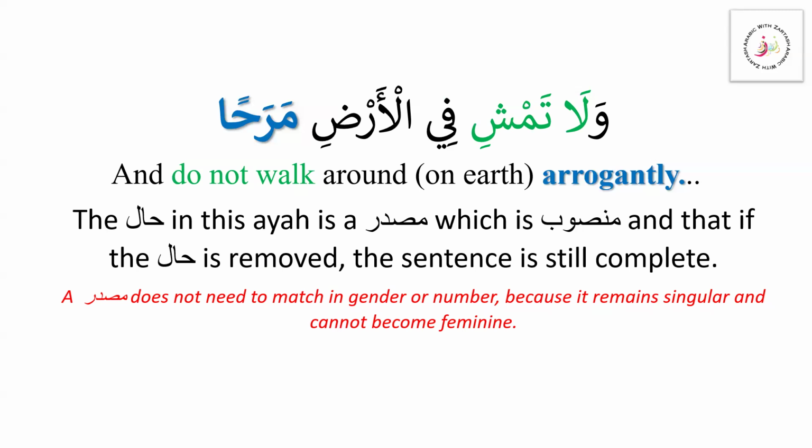And it is normally mansub, mostly for ism mufrad, like in all these examples, and often it comes as a describing word. So this is the hal, and inshallah we are going to continue this, and we will learn about how hal comes as a jumlah fi'liyyah in the next session.